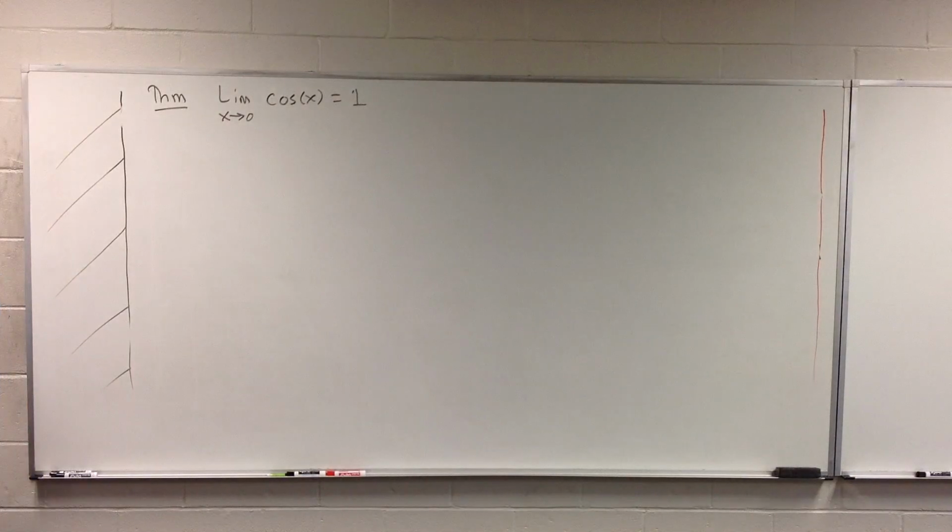Okay, the limit as x goes to 0 of cosine of x equals 1.